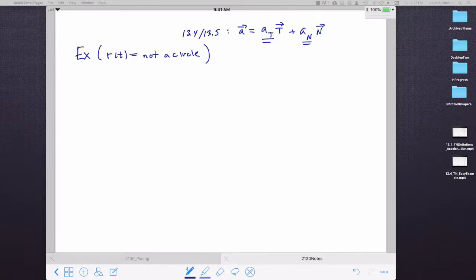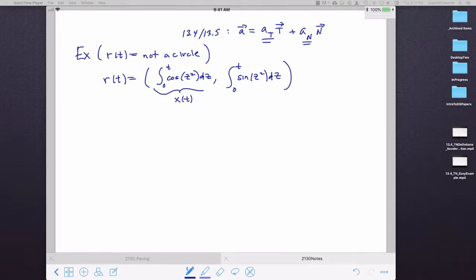Let's say that our curve r of t is equal to the integral from 0 to t of cosine of z squared dz, and the y entry is the integral from 0 to t of sine of z squared dz. Believe it or not, this is actually going to be a doable problem, even though the x entry and the y entry of the curve look rather complicated.